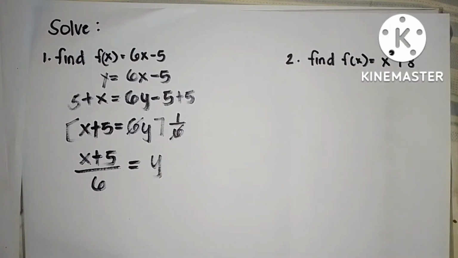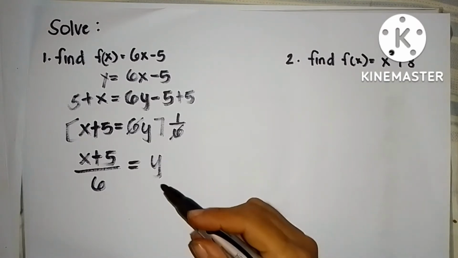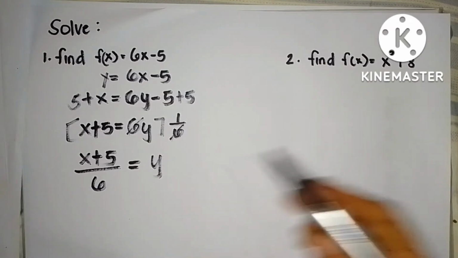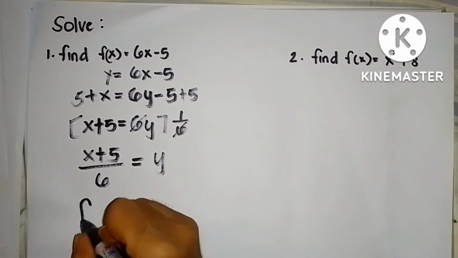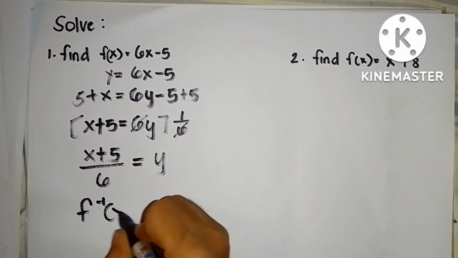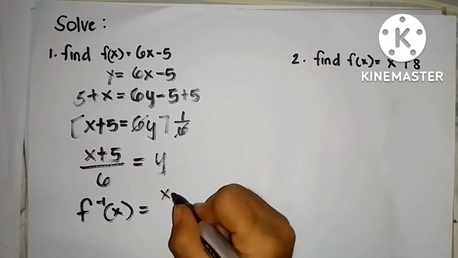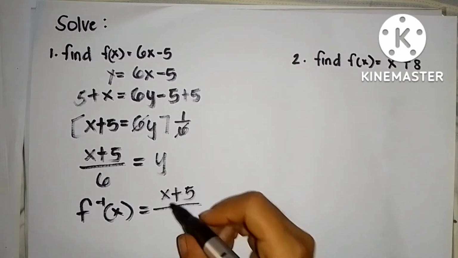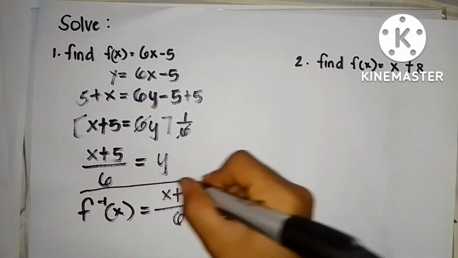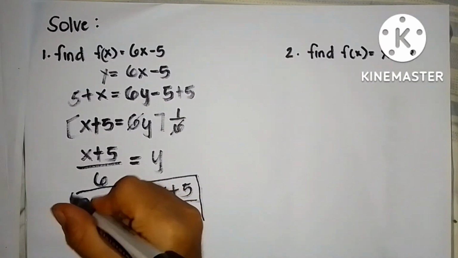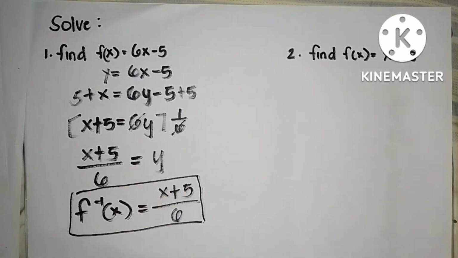And then finally change this y into the inverse function. So we have the inverse function of x equals x plus 5 over 6. So the result is the inverse function of x equals x plus 5 over 6.